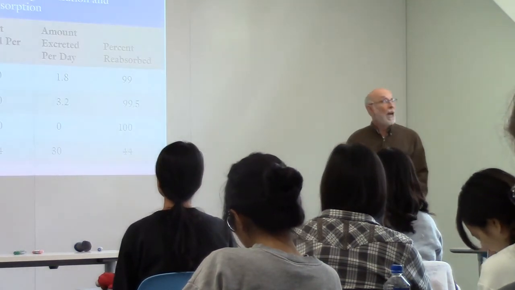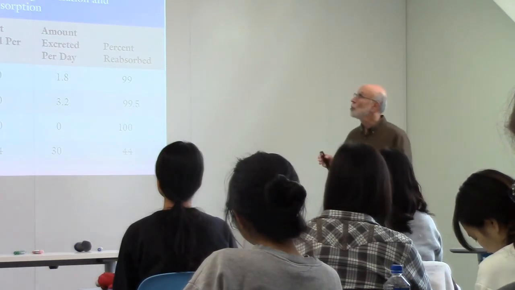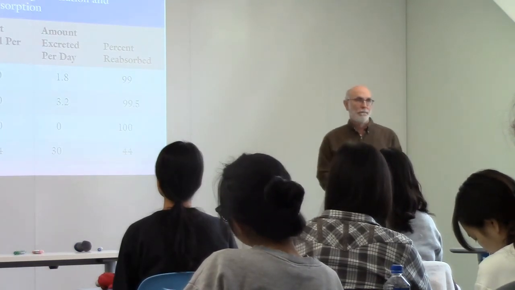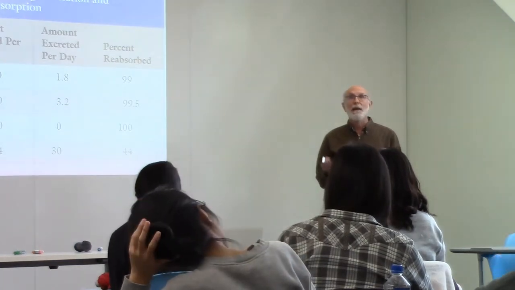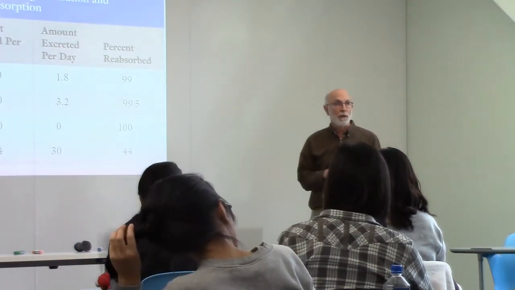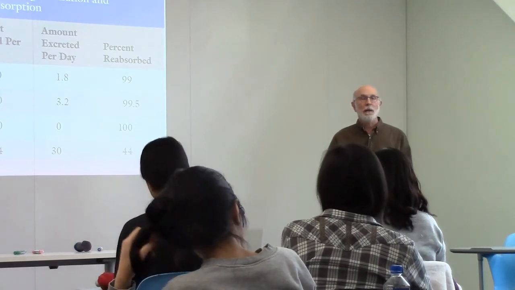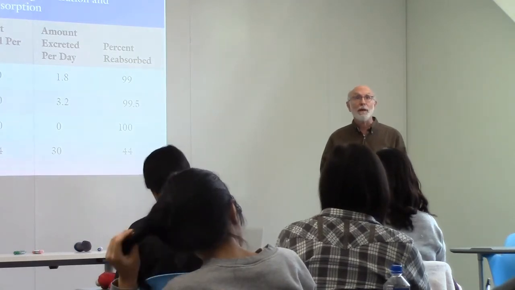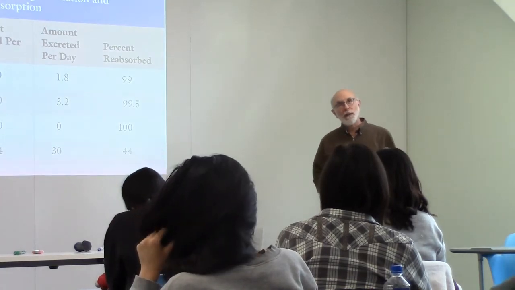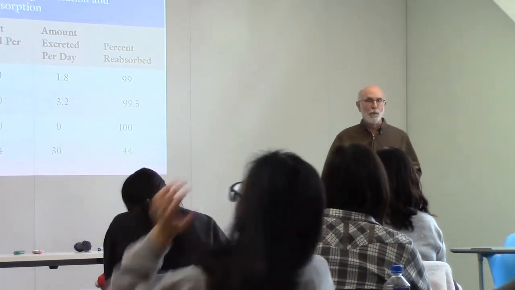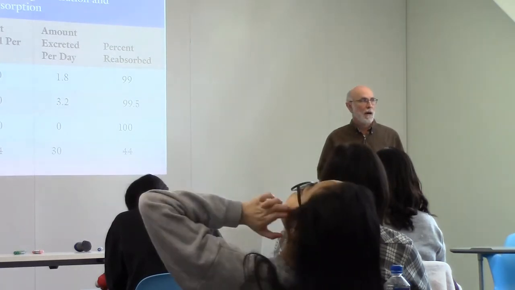Because what I'd like to do now is turn our attention to reabsorption. We've been focusing on filtration for quite a few days now. Now we're going to focus on reabsorption by the peritubular capillaries, well, by the proximal tubule, the loop of Henle, the distal tubule. Those are the tubular components we're focusing on.